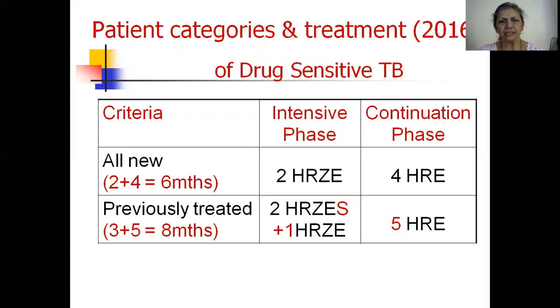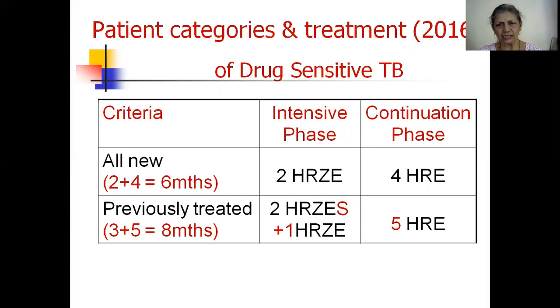For all previously treated patients, maybe defaulters or maybe non-responders, but whose bacilli show sensitivity to these drugs, the treatment is prolonged to 8 months. So there's one extra drug and one extra month in the intensive phase, plus the continuation phase is extended to 5 months.